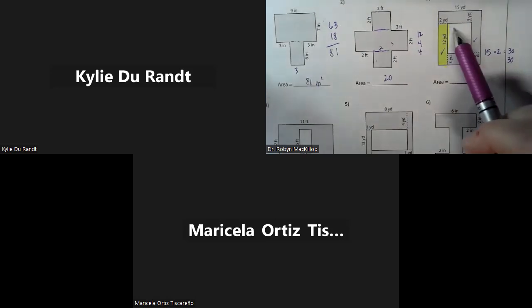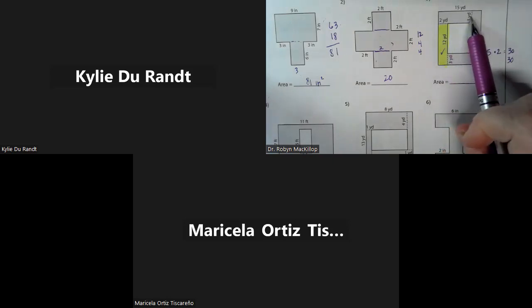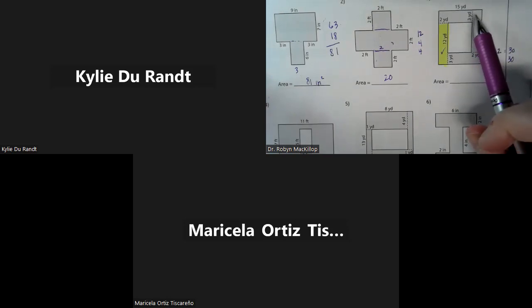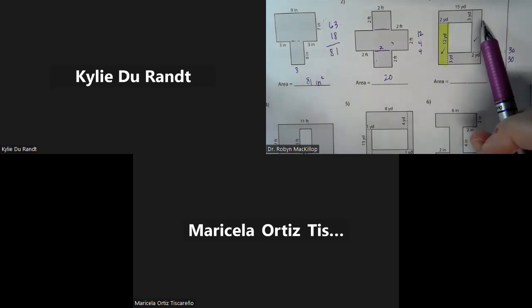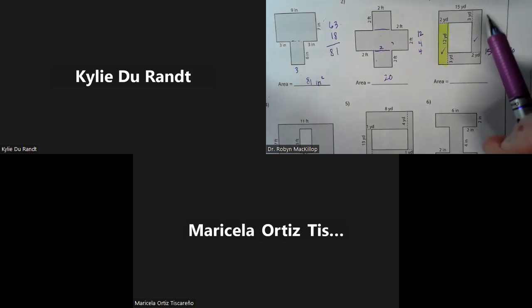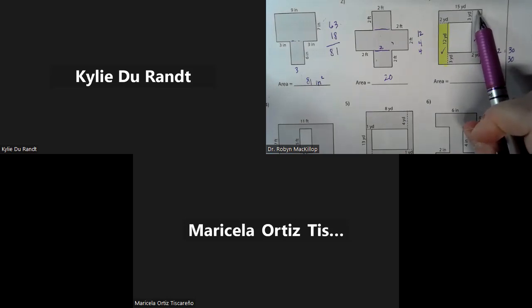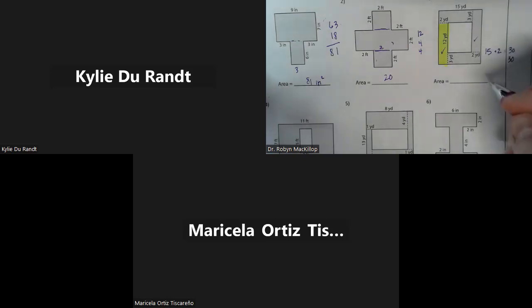Then we need to figure out the area for this rectangle. It's 15 all the way across, but we don't go all the way across. So we need to figure out what this piece is and subtract it from that 15. And right here, they say it's 2. So if we get rid of this piece, that means from here to here is 13.